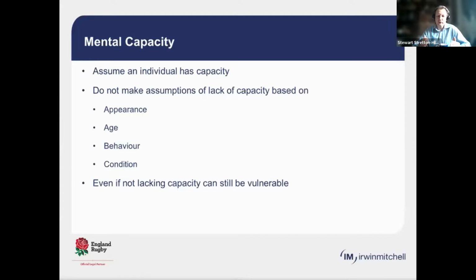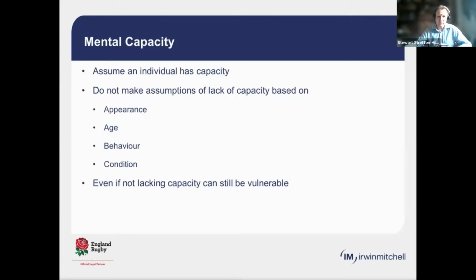It's all about focusing on the individual. What is their situation? As I mentioned, even if they don't lack capacity, they could still be a vulnerable person. So it is important to identify the client's ability to take decisions, whether they do actually have this capacity, and to support the client to take decisions as much as possible.